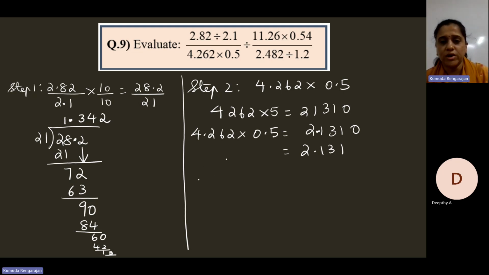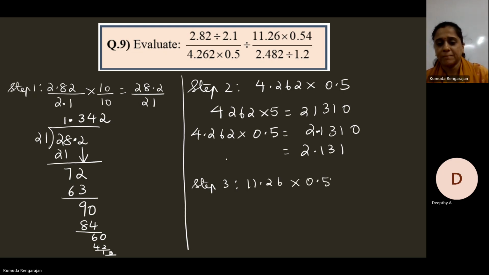In step 3, find the next product. We should multiply without the points.